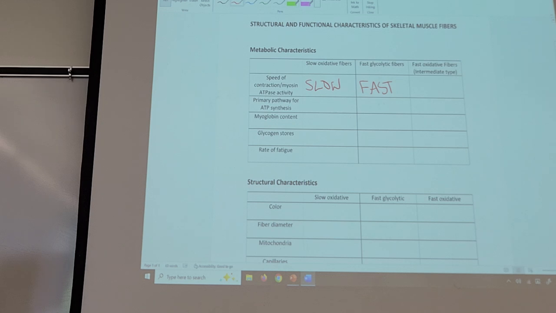Now, if we're talking about the primary pathway for ATP synthesis, fibers are either going to utilize oxygen to generate ATP, or they're going to utilize sugar in an oxygen deficient environment, okay? So, again, based on the name, do you think slow oxidative fibers utilize oxygen or utilize glucose for ATP synthesis?